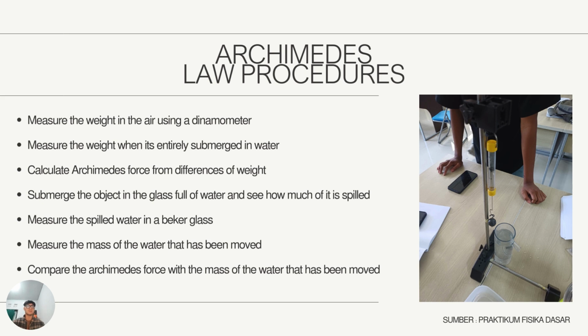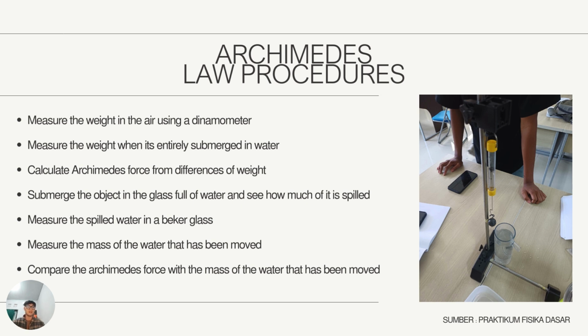We take it from the milliliter measurement and convert it from milliliters to cubic meters. Then we just multiply the cubic meters by rho by g.